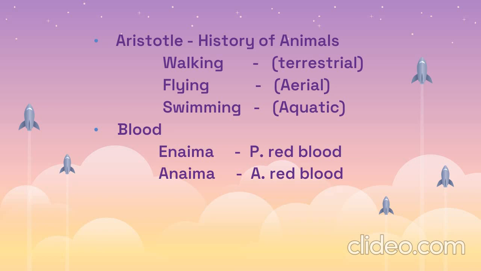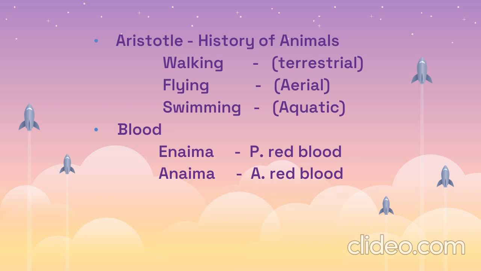So the organisms that have RBC are known as Enaima, and the organisms that do not have RBC are considered Anaima. Is it clear?